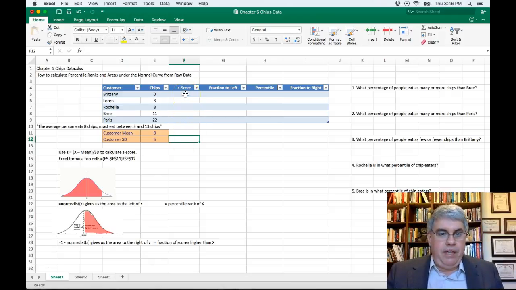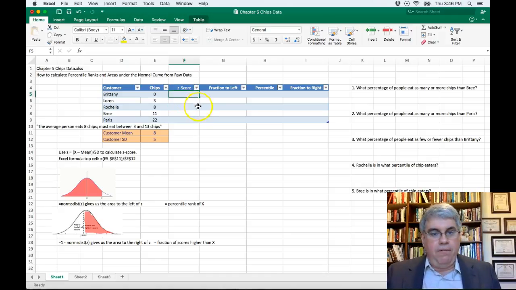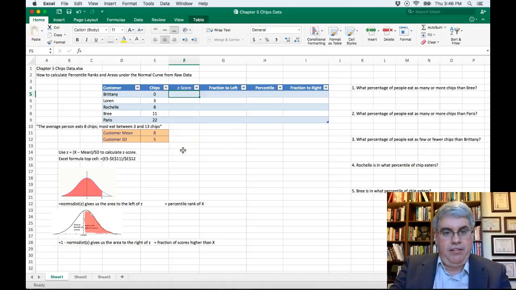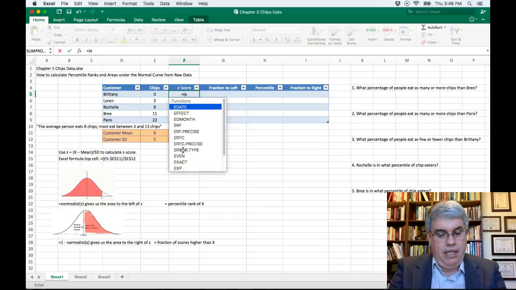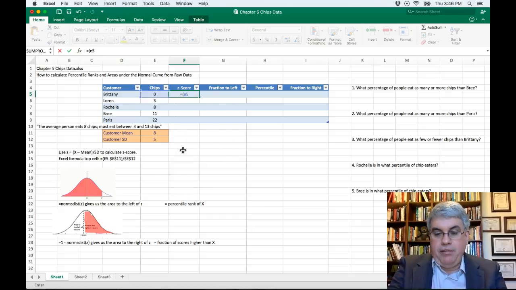So I will go up here to calculate the z-score in F4, and the formula that I want to use is our standard formula for the z-scores down here. I'll type the Excel formula equals open parentheses, and X is E5, the number of chips that Brittany eats, and I'm going to subtract from that the mean number of chips of the population.